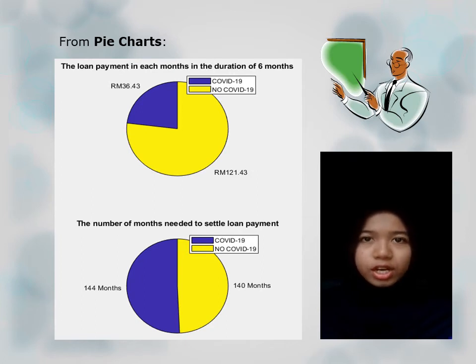Besides, in the second chart, it shows how many months holders take to settle all their loan balances. So there is a slight increase since there are 144 months that holders need to take to settle all their loan balances and 140 months as usual for the negative or failure of COVID.